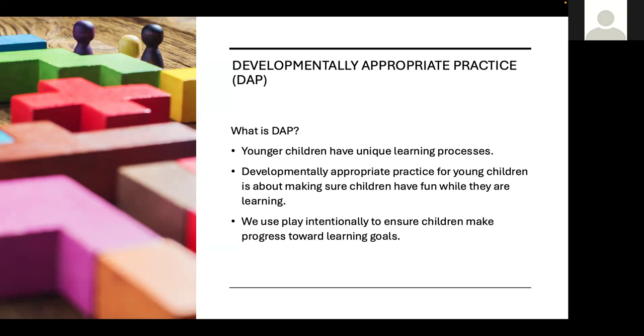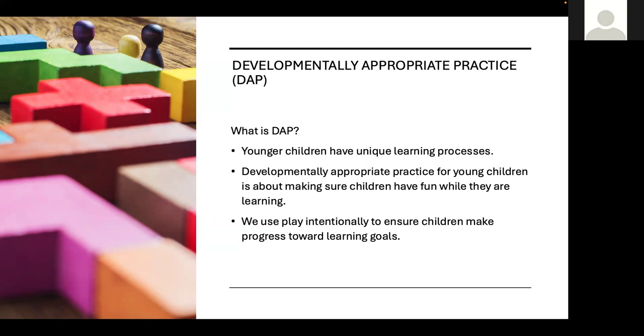So, the first thing we want to take a look at this week is developmentally appropriate practice, or DAP. As a brief overview of that, we want to keep in mind that young children have unique learning processes, much like we do as adults.